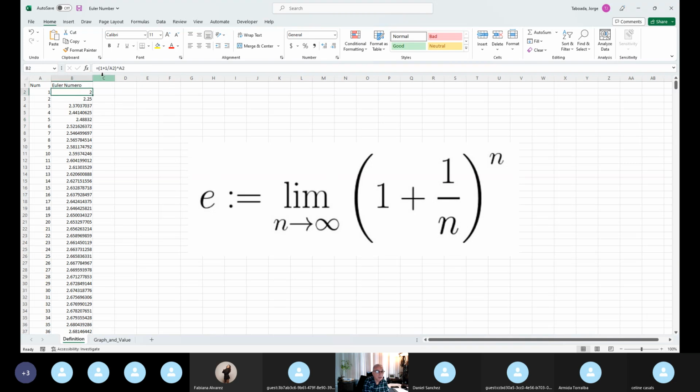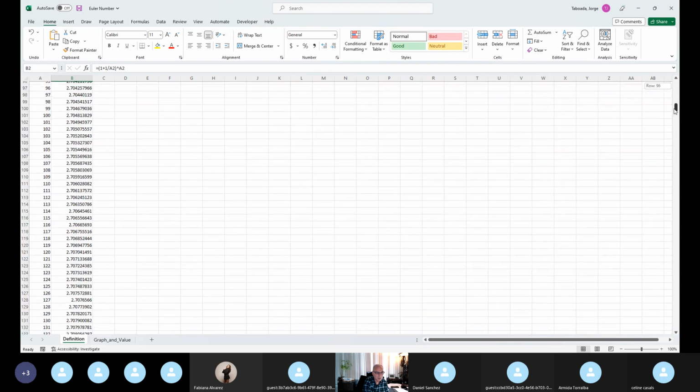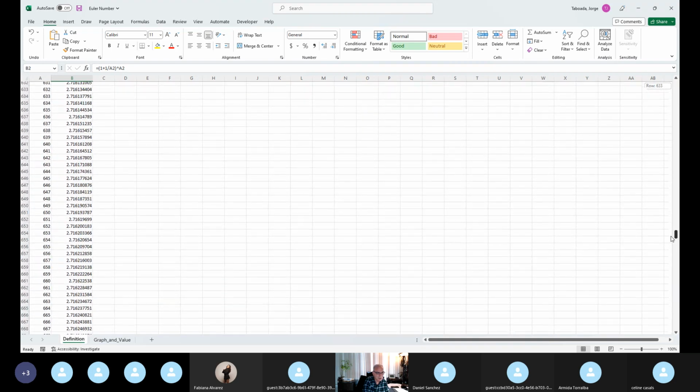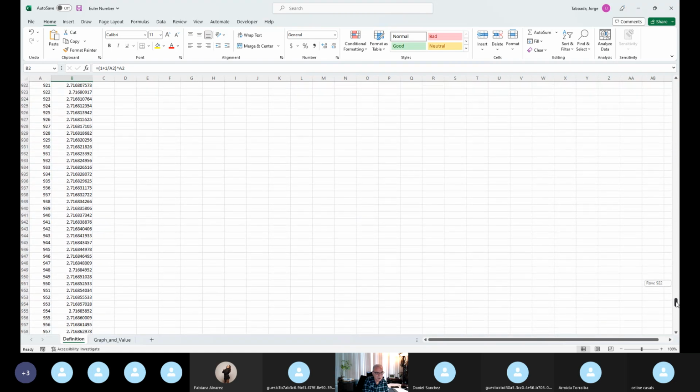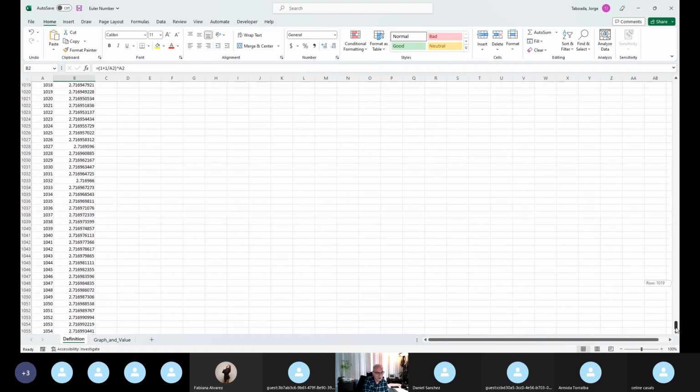I simulate: equal sign, 1 plus reciprocal, raised to the same power. Then I increase it, wow, how many numbers? Thousands, infinity. You see that I can continue if you want, and the answer doesn't change too much, but I created the graph to see more clearly.